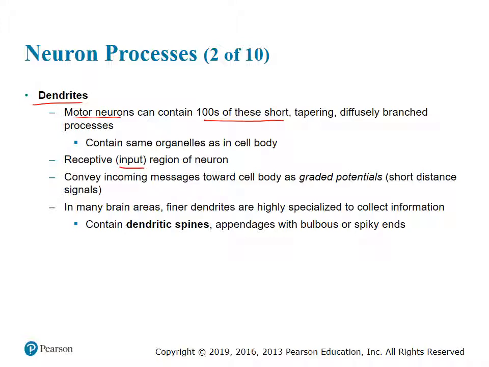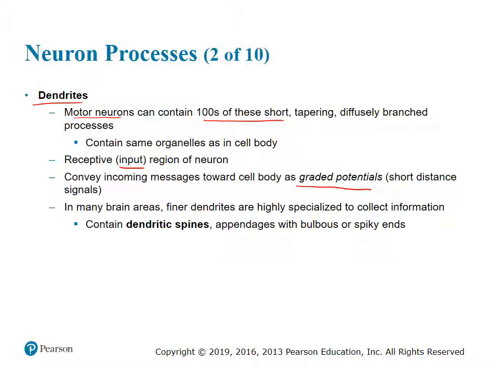Signals come from dendrites to the cell body. And in fact, the electrical signal, the nerve impulse that we have here, coming from the dendrites to the cell body, we call those specialized little signals graded potentials. Graded potentials.